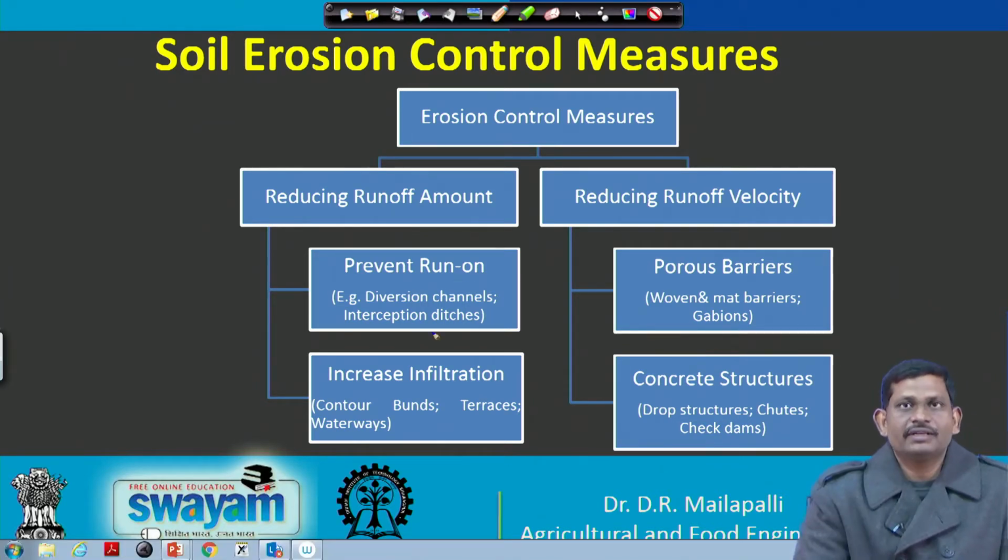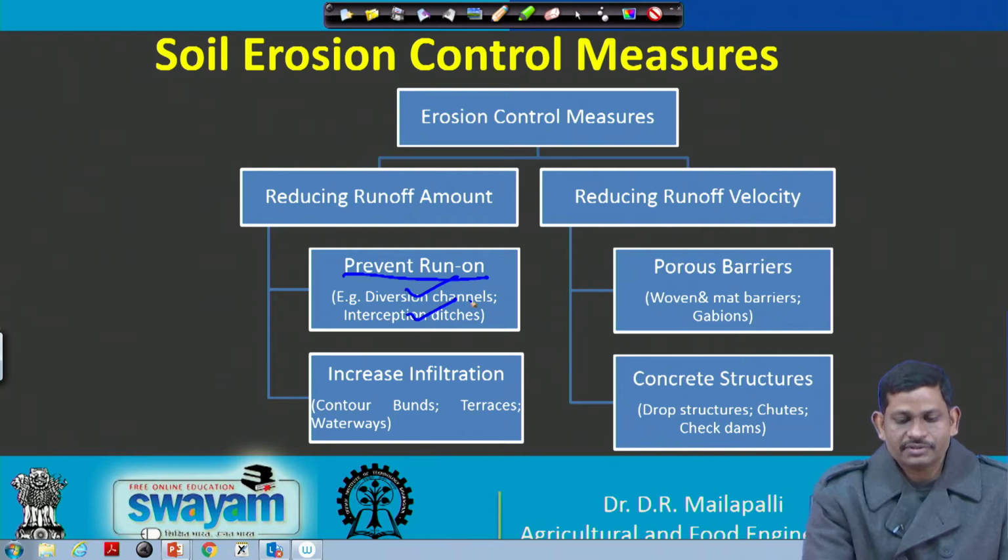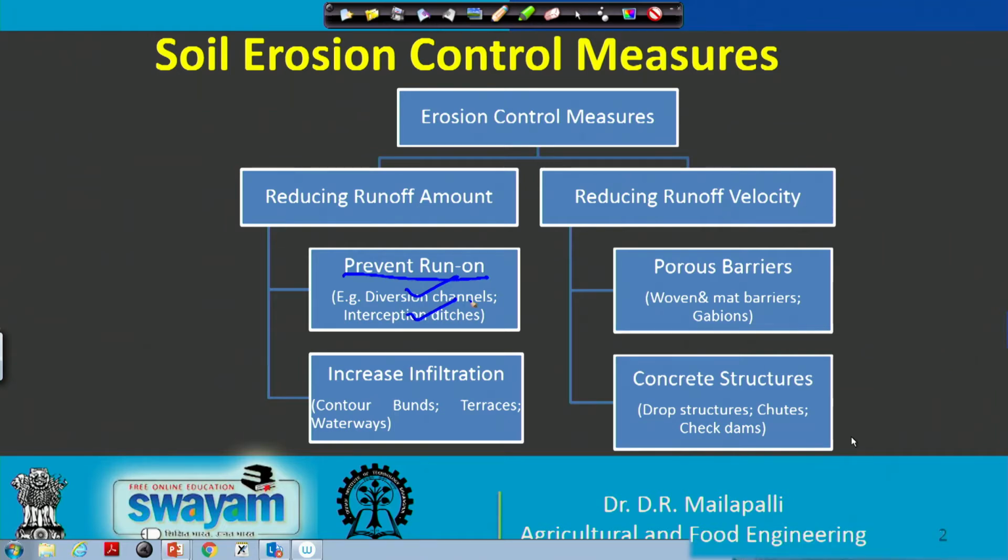Run-on basically happens on the overland. How do we prevent that run-on? That can help us control the erosion. Under this there are diversion channels and interception ditches. These are two soil conservation measures to control the erosion.